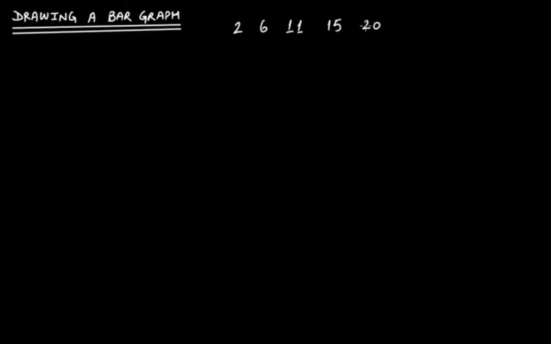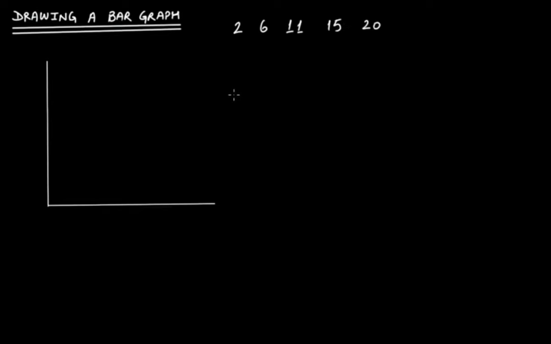So if these are the two perpendicular lines on which we'll draw the bar graph, this one and this one, and we have 2, then 6, then 11, then 15, then 20.